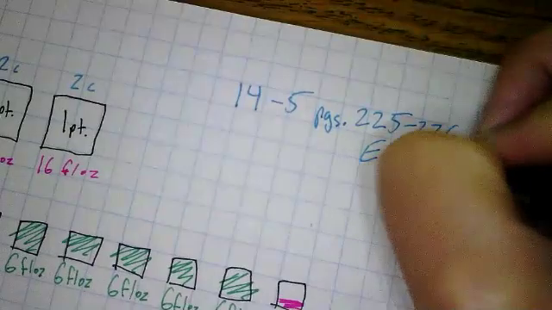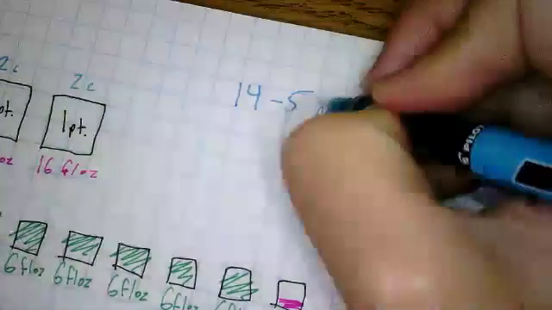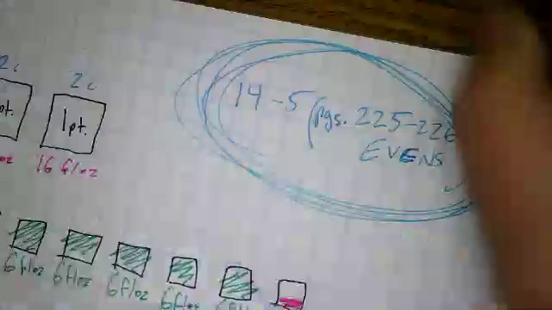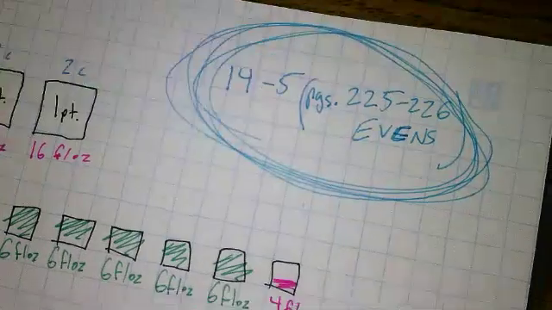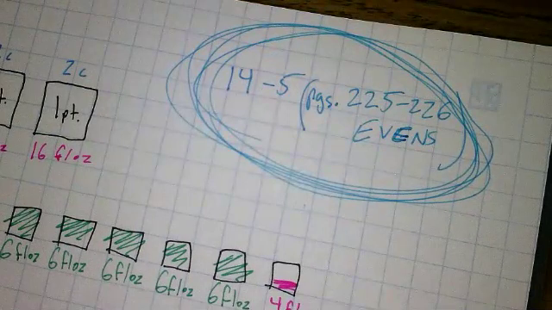Only the evens, though. The ones we did together were odds, so if you did those with us, that's 2 free bonus questions you could have got. That is your homework. Go ahead and get started. You've got like 25 minutes to work on it right now before we move into writing. So see what you can get done.